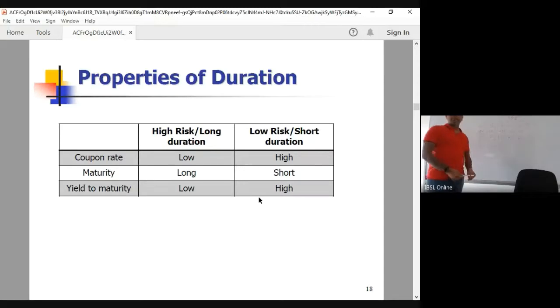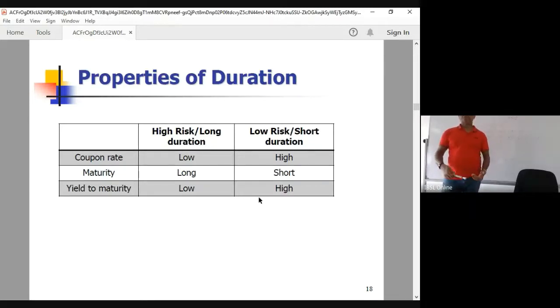And the second one, if the maturity is longer, my risk is higher and the duration is longer. If the maturity is lesser, my risk is lower and my duration is lower. And then the last thing we just learned: if the yield to maturity is low, my risk is high because the duration increases.